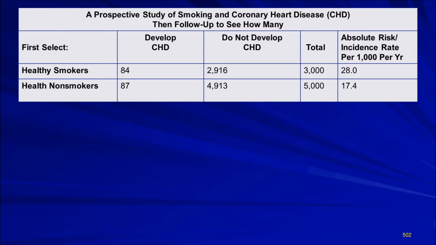If we were going to come up with absolute risk, we'd divide 84 by 3,000, and it would be 28.0 per thousand per year. And for absolute risk for healthy non-smokers, it would be 87 divided by 5,000, or 17.4 per thousand per year.